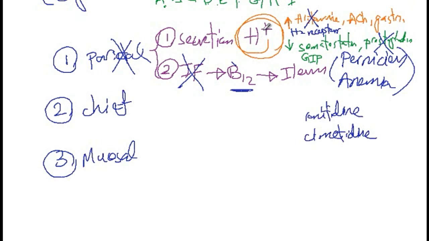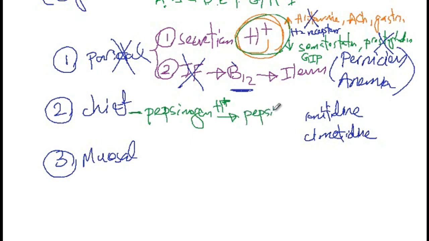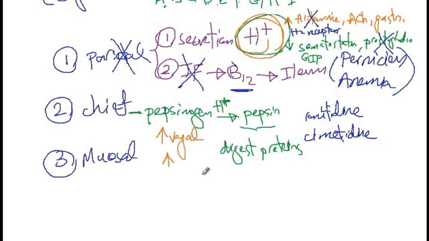The next type of cells I'm going to talk about are chief cells, and these cells are required for the secretion of pepsinogen, which later on, by stimulation via the stomach acid that is produced by parietal cells, will be converted to pepsin, and then pepsin will digest proteins. And then again, you should know that increased vagal stimulation as well as increased local acid production will increase the production of pepsinogen by the chief cells.